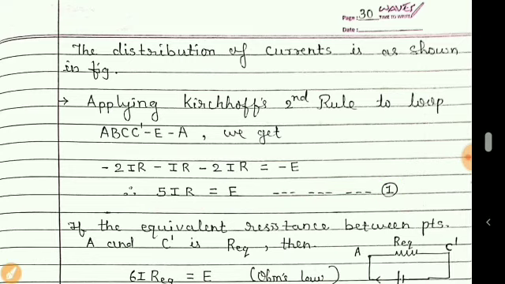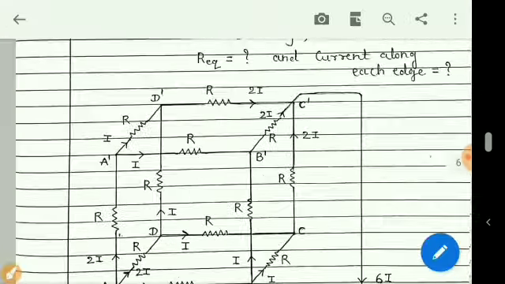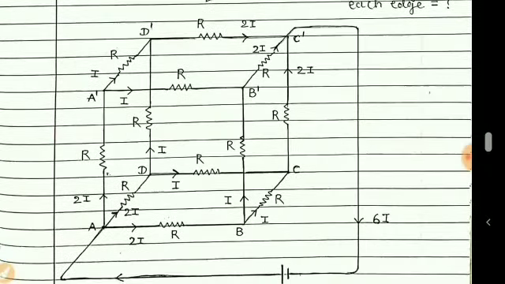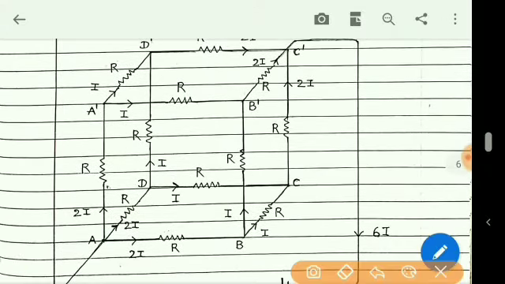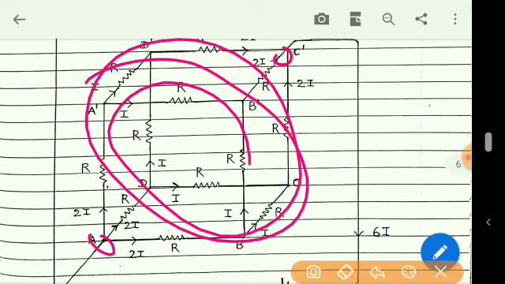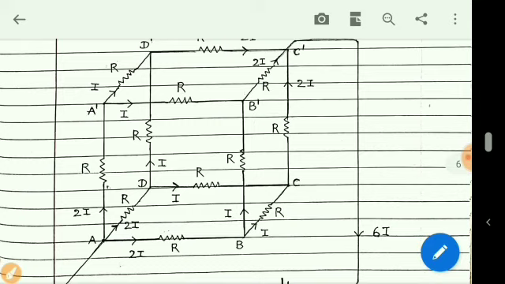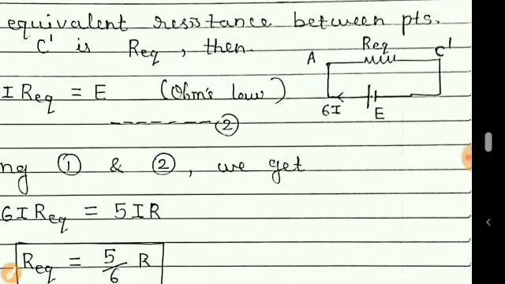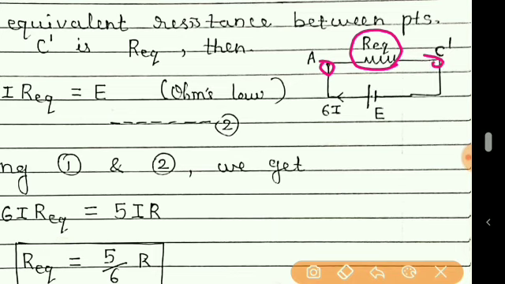Now if we consider across points A and C dash this combination of resistors as equivalent resistance, so we can take REQ, that is equivalent resistance between points A and C dash.